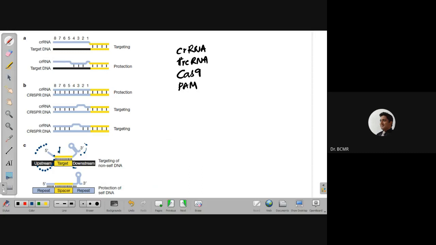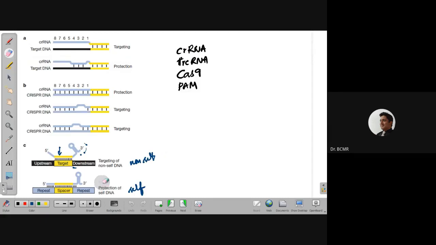So there will be a lot of complementarity here. And the 5' side of it, if it base pairs, then it is self. If it doesn't base pair, then it is non-self. That is at least one of the mechanisms so far known, that is how CRISPR RNA can distinguish between self and non-self.